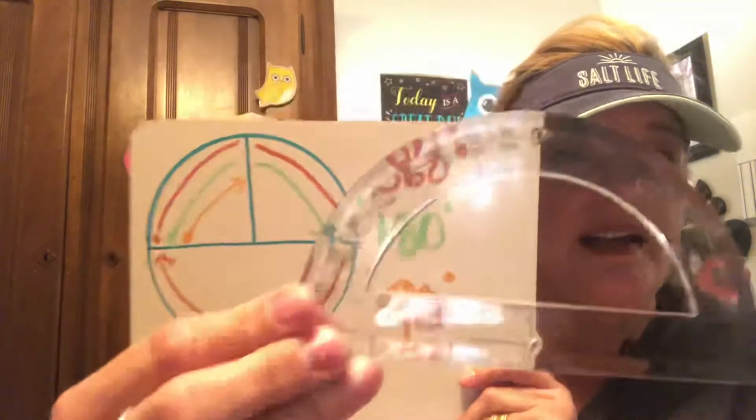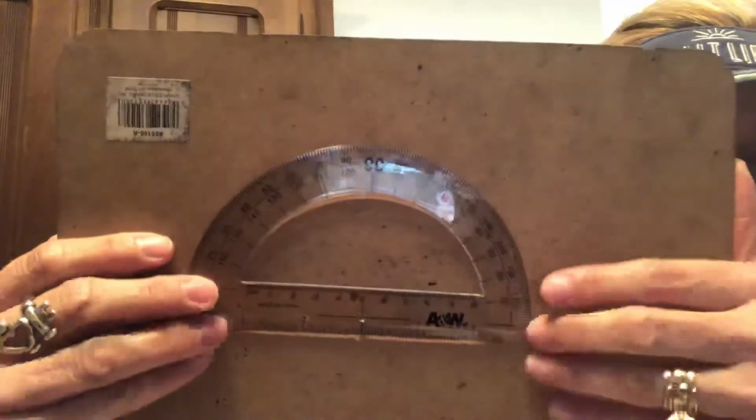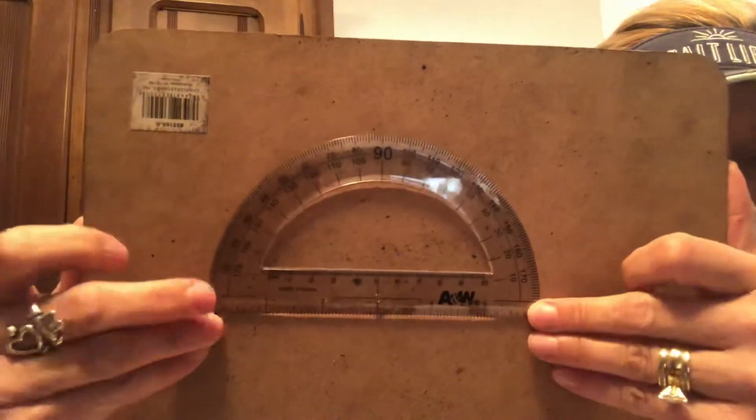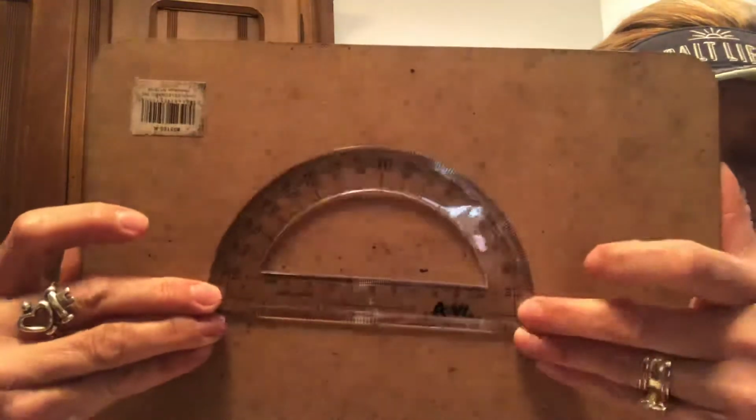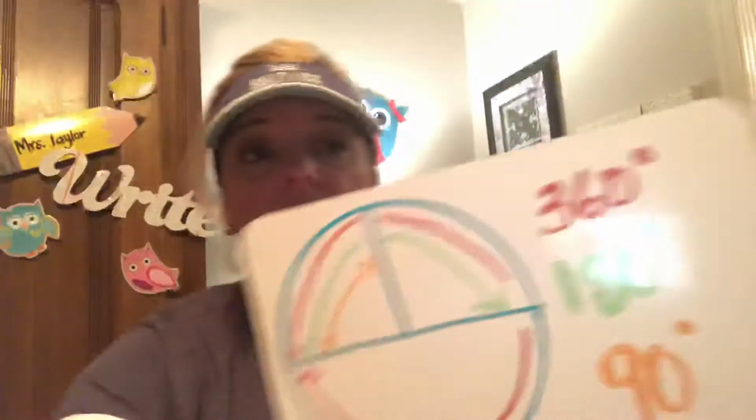But if we look at this, if I put it maybe like this, can you see the numbers on them? Okay. So from this point to this point, that's half a circle. Half a circle is 180 degrees. So if you'll see, I have a full circle here.